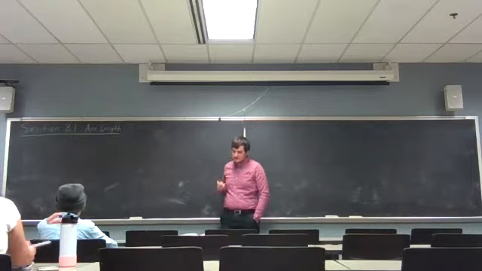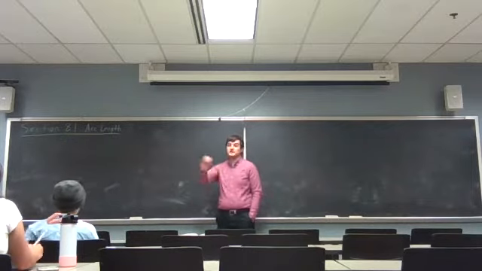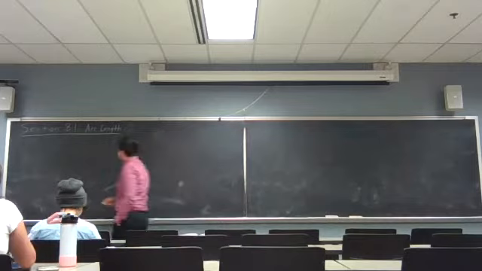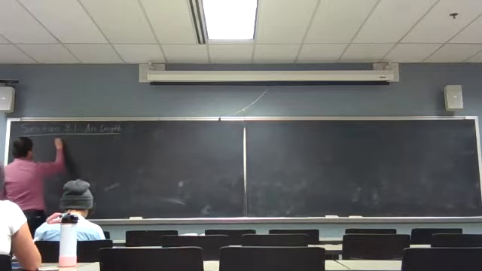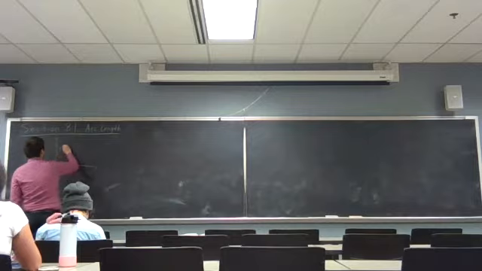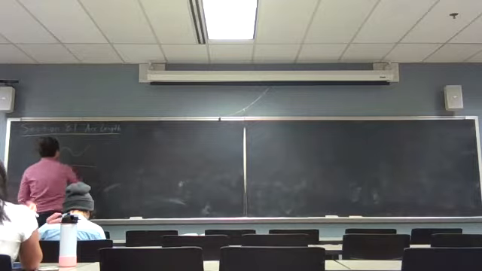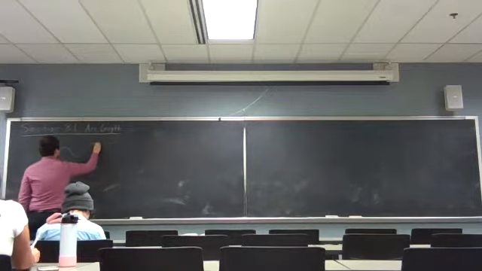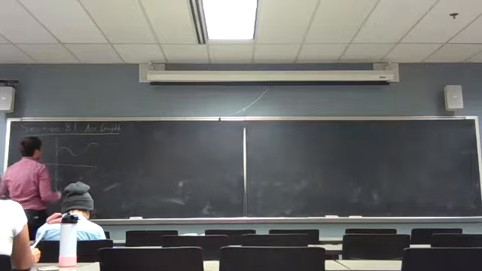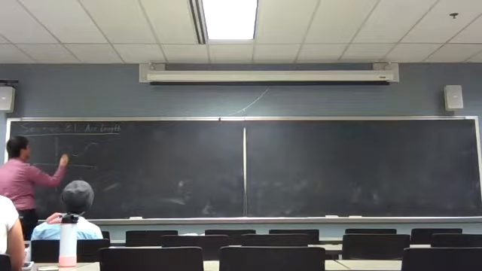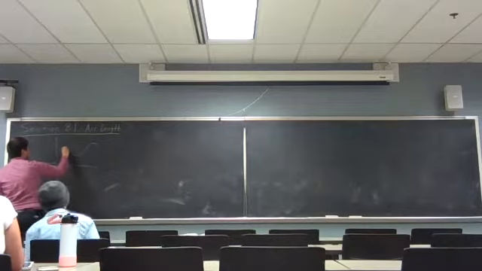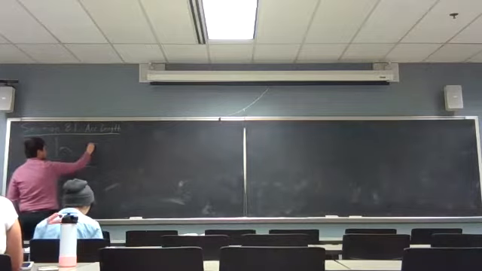So the first thing we're going to be talking about is arc length. What we mean by arc length is, I have some curve like so, and the question about arc length is: how long is my curve from here to here?